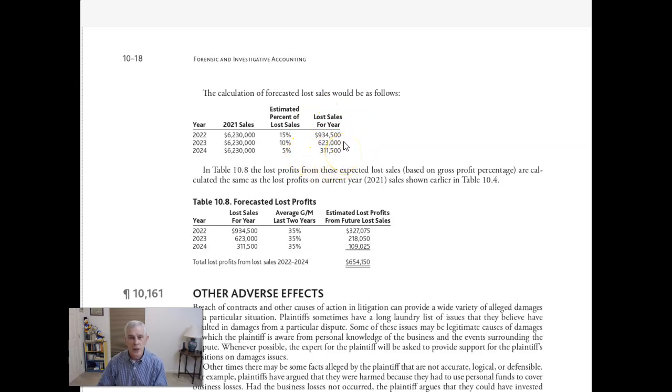We really believe we lost these sales because of the breach of contract. Well, again, lost sales are really not damages themselves, but let's get down here to the gross margin. And so take these numbers, lost sales, times the gross margin over here, add them up, and so total lost profits 2022 to 2024, $654,150.